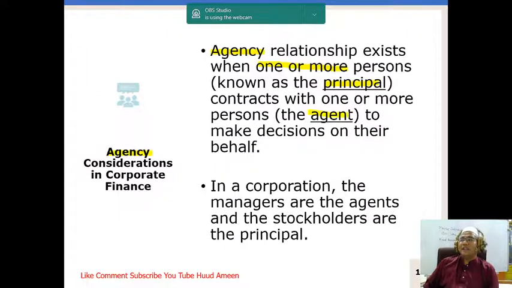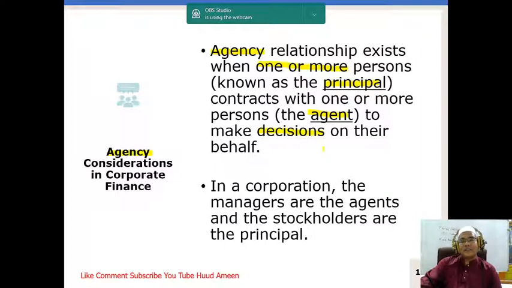So principal means, for example, at the company, the owner or the contributor, the person who has a huge amount of money and invests in a company, is known as the principal. The principal contracts with one or more persons as the agent to make decisions.